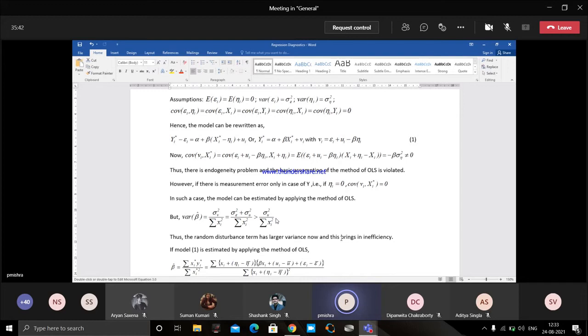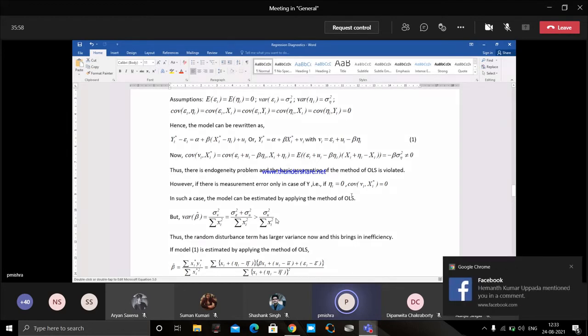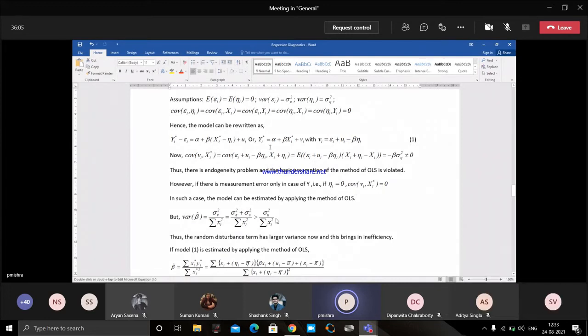Because if we commit any error in measuring the dependent variable, we still get the covariance of, say, Vi and X as 0, and in the process you can see that this Xi star, the independent variable, is not endogenous. So we don't have any endogeneity problem and we don't have any problem of inconsistency.